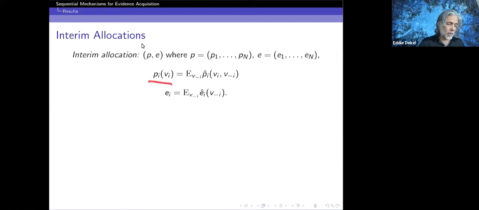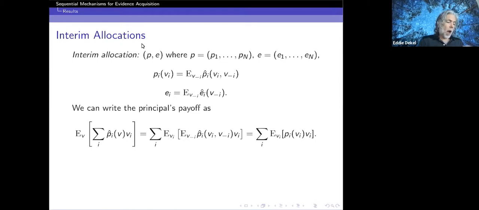The p's are going to be a function of their values, the expected probability of getting the good. The e's are the expected probability of being asked for evidence. Again, we don't know yet what's the set of e's that we can obtain, because we don't even know yet what's the set of e hats that we can obtain. That's going to be what this section of the talk is about, namely, what's the feasible set.